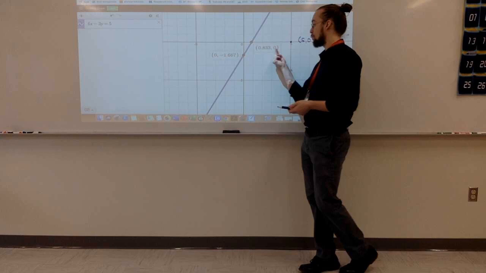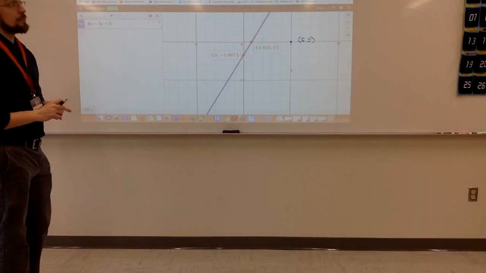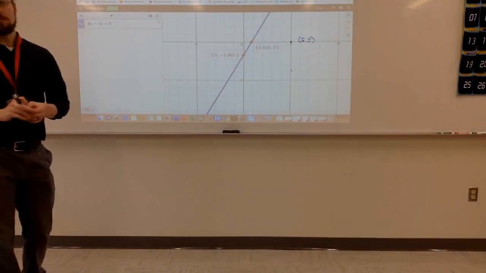We're going to do the same thing here. Multiply 0 times 6, that'll still be 0. Multiply negative 1.667 times 6, so that's actually going to be negative 10. Negative 5/3 times 6 is going to be negative 10.